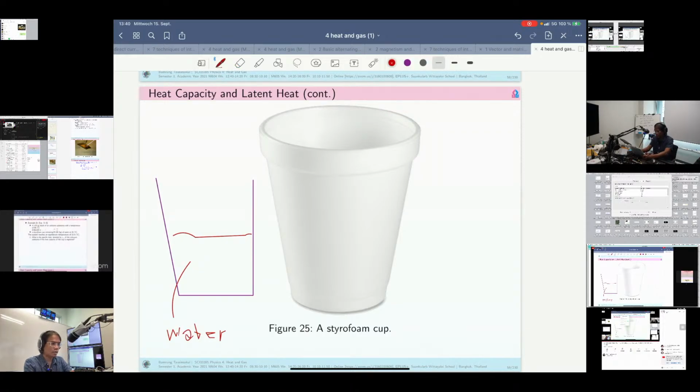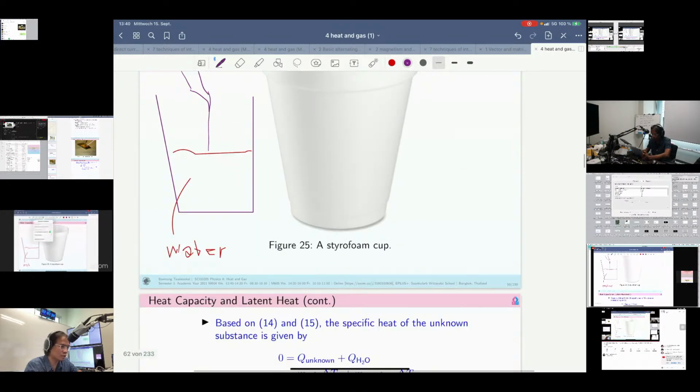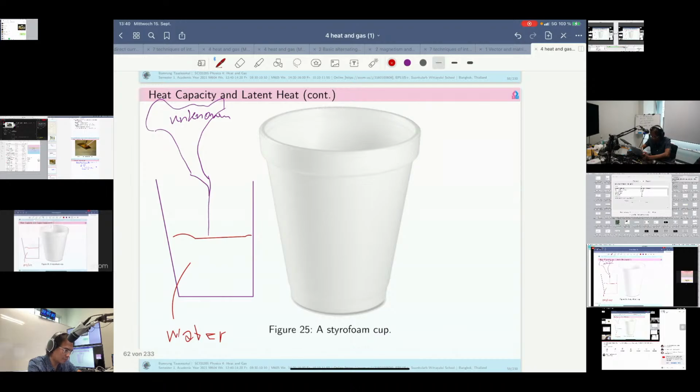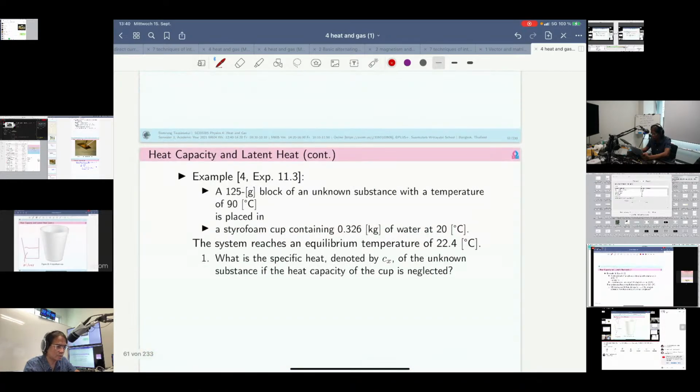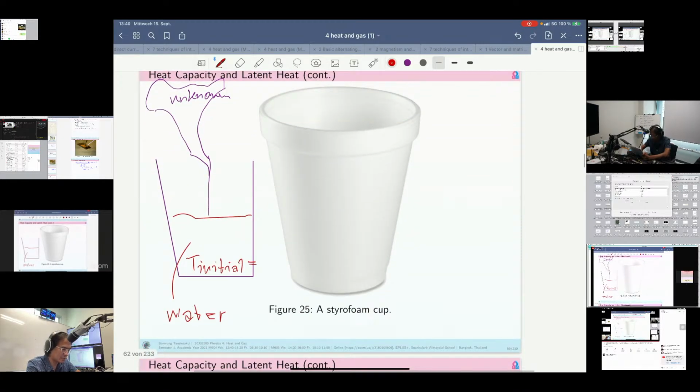Water. All right, and then you pour another substance which is called the unknown material. You pour it in, and the water has the initial temperature T initial as 20 degrees Celsius, like that.